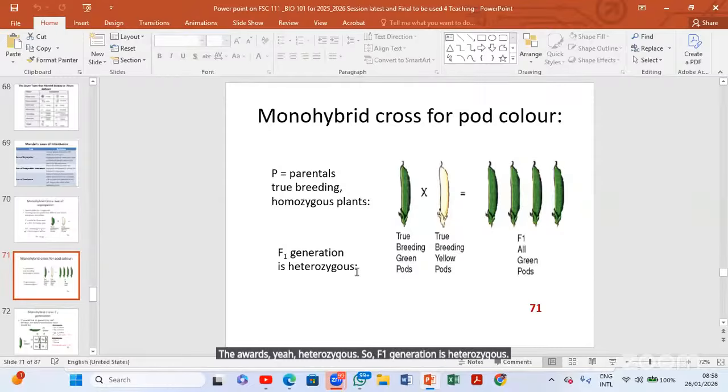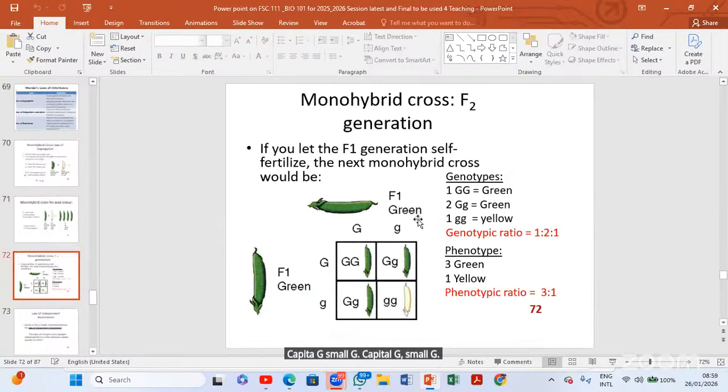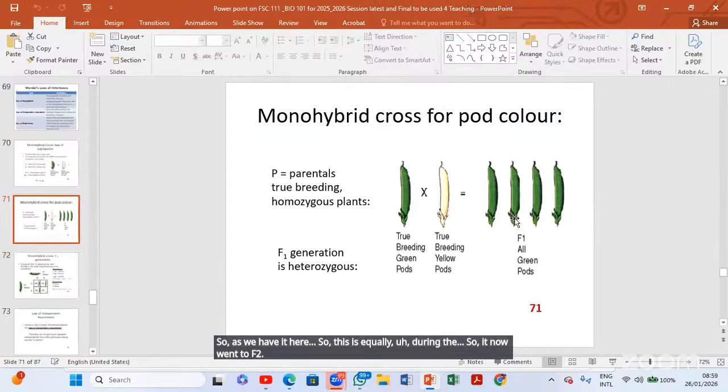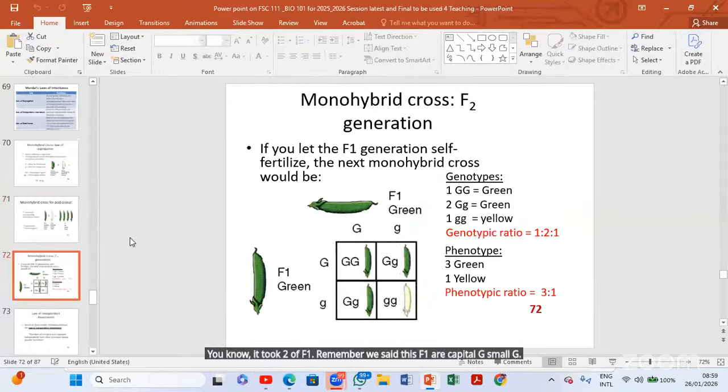And then all the green here will now be capital G, small g. It now went to F2. It took two of the F1. Remember we said these F1 are capital G, small g. It now crossed two of them. That's the F2 generation.